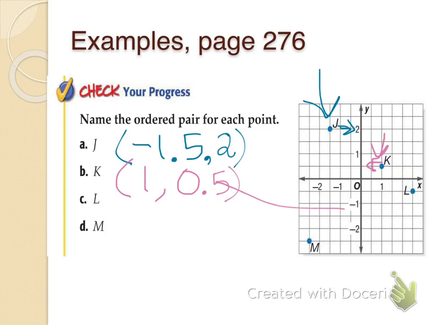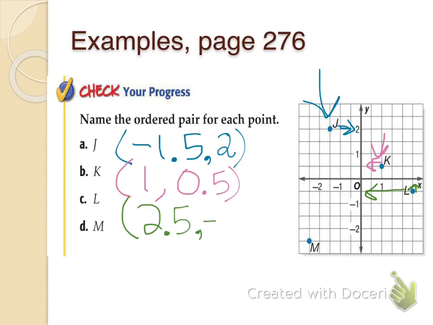All right, looking at L. L, that's way over there on that right-hand side. Okay, looking at L, on our x-axis, if we look up, that is at 2.5. Alright, and if we look on our y, we're looking over here, that would be at -0.5.